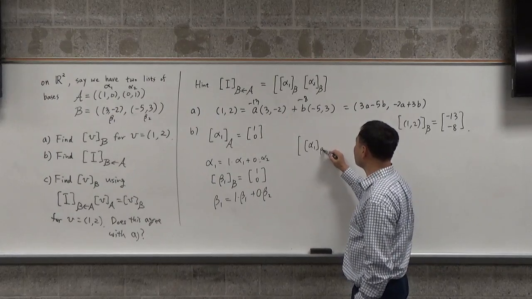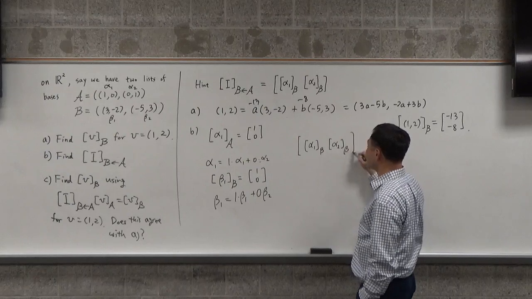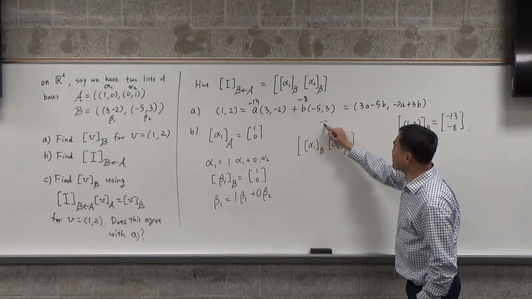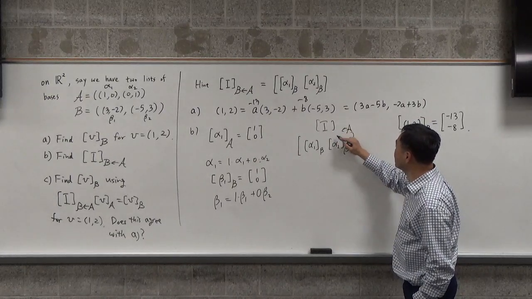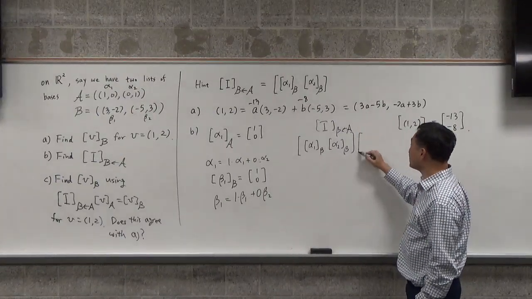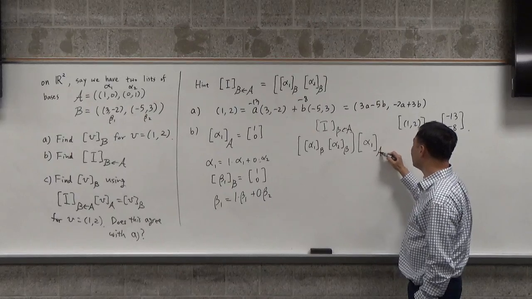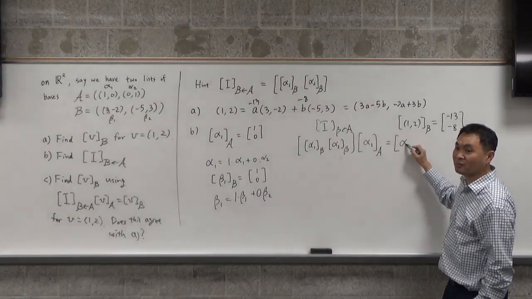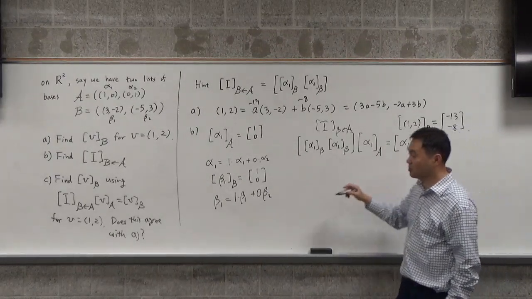Suppose we have this matrix computed. Let's say we do have it. Now, if I multiply this, this is I from A to B. That's what I'm claiming. So if I multiply alpha 1 under A, what should I get?